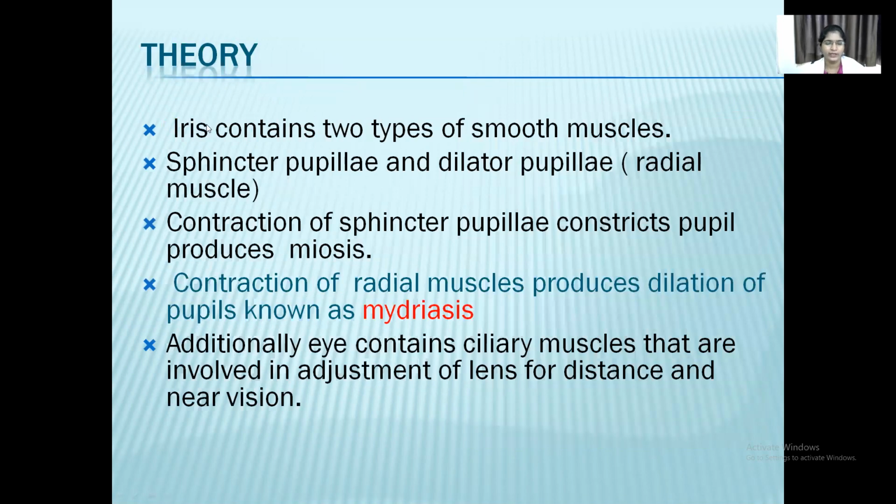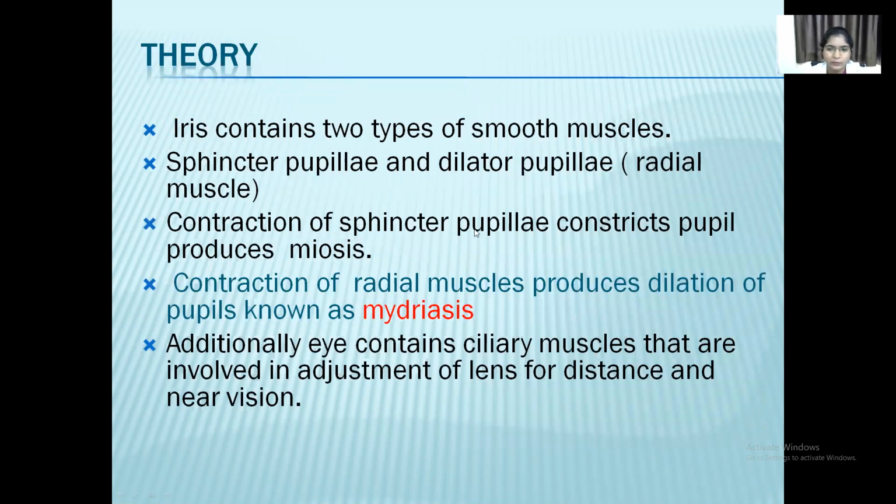Coming to the theory, the iris consists of two types of smooth muscles: sphincter pupillae, also called circular muscles, and dilator pupillae, the radial muscles.